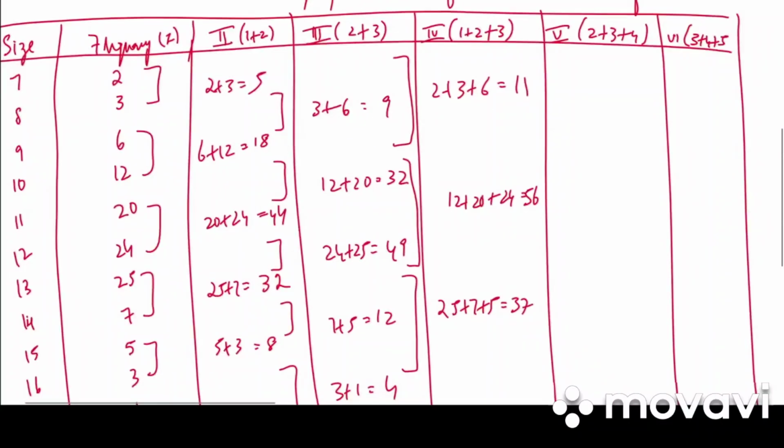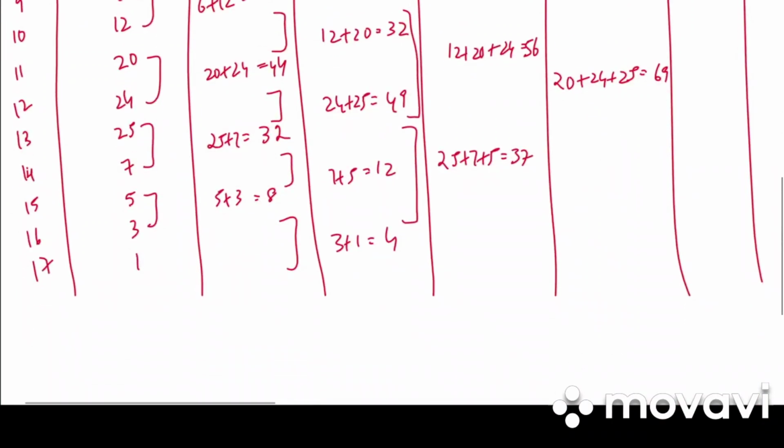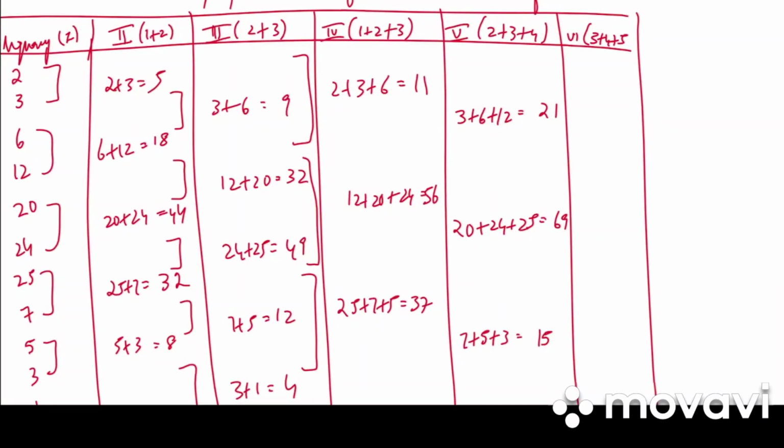Next column is 2 plus 3 plus 4. So 3 plus 6 plus 12, we get 21. 20 plus 24 plus 25, 69. 7 plus 5 plus 3, 15. Next it is 3 plus 4 plus 5.